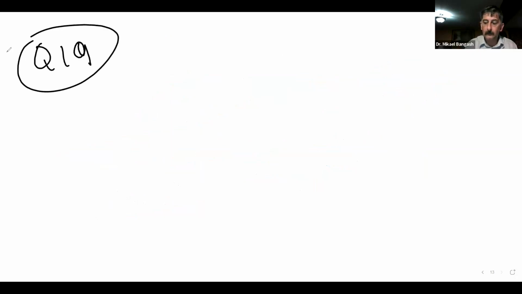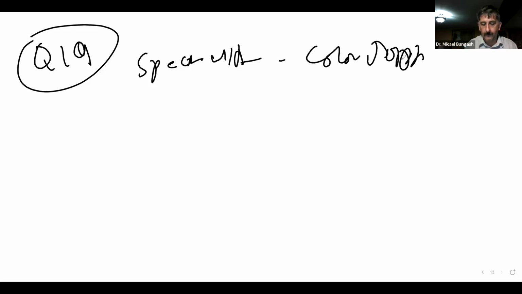Okay, girls. Question 19. Which technique is used to perform spectral analysis on color Doppler data? Well, that was what we called autocorrelation.